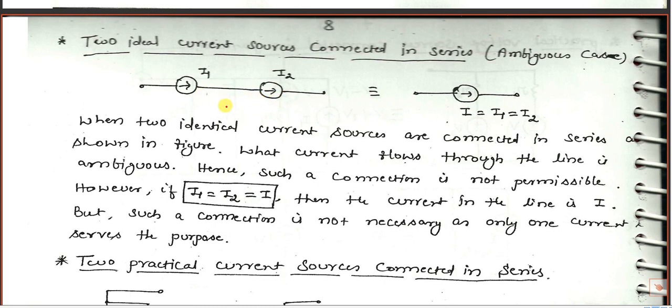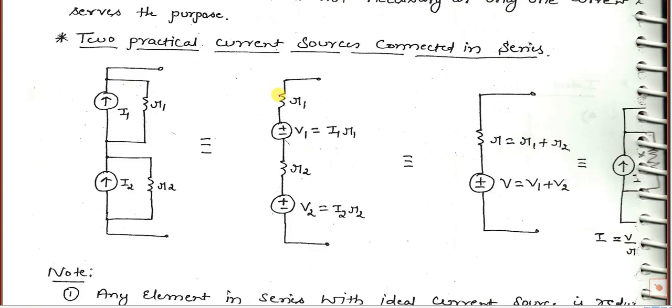It is not correct, because in series the current remains the same. If two ideal current sources are given in series, both should have the same value. I1 and I2 should be the same, otherwise the problem is wrong.